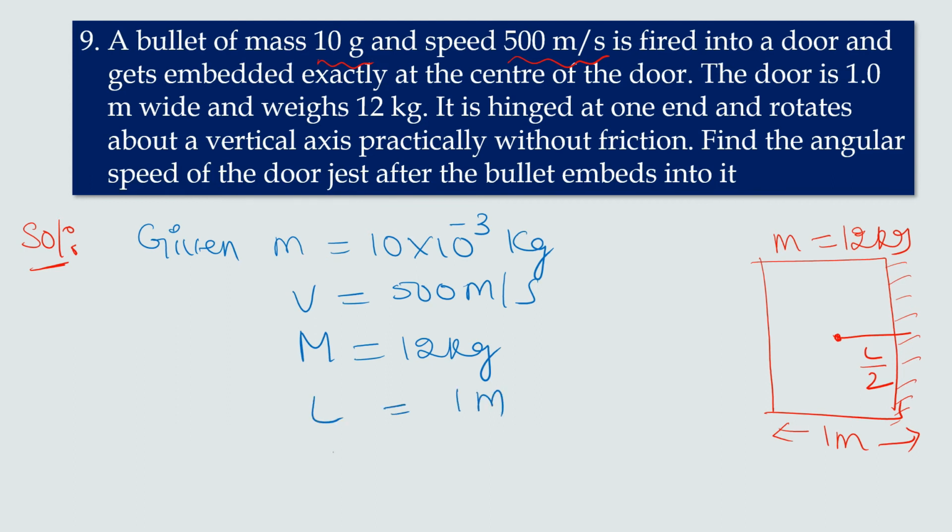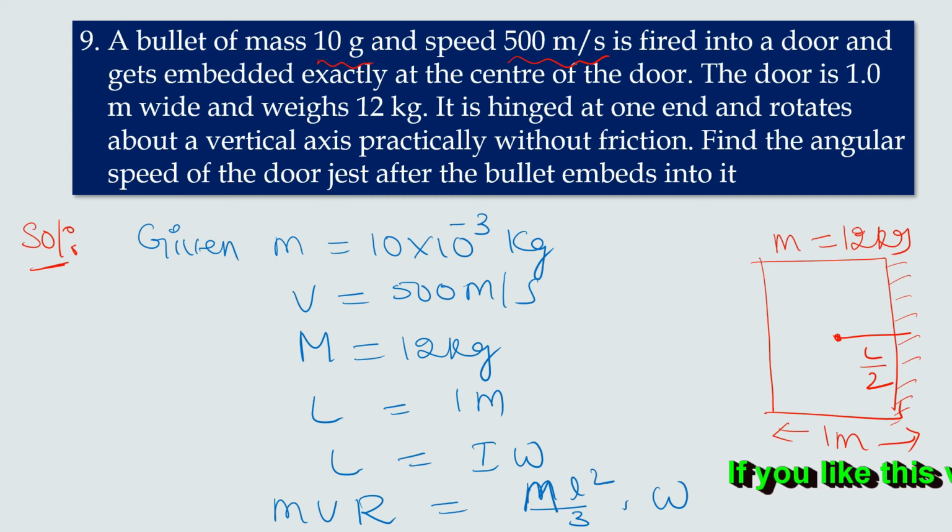So L is equal to I omega. m v R is equal to M L square by 3 into omega. Here, this is capital M L square by 3 into omega.